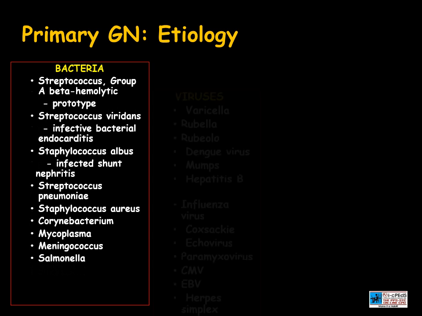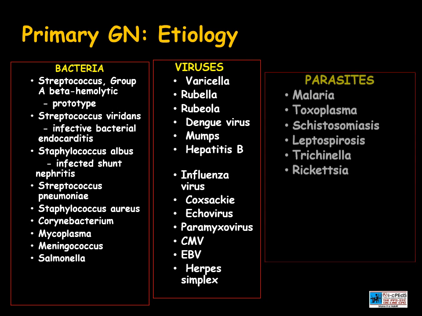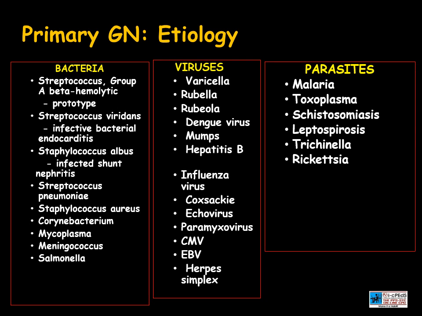Let us now look at the etiology of primary glomerulonephritis. All organisms, such as bacteria, viruses, fungal, parasitic, can possibly cause glomerulonephritis, and as previously mentioned, majority is caused by Streptococcus or group A beta hemolytic strep, which is the prototype.